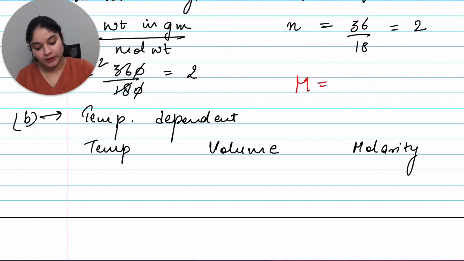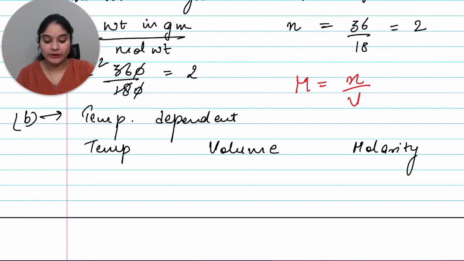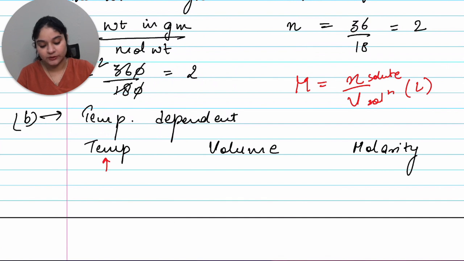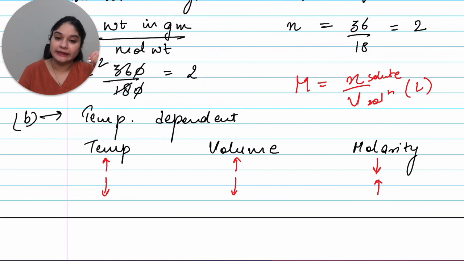Molarity was equal to N upon V, where N is the solute and V is the solution in liters. V is inversely proportional to molarity. When temperature increases, volume increases, but since volume and molarity are inversely proportional, molarity will decrease. Similarly, if temperature is decreasing, volume is decreasing, your molarity will increase.